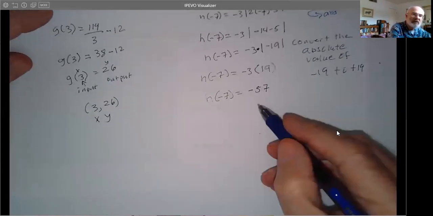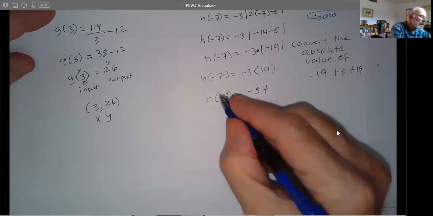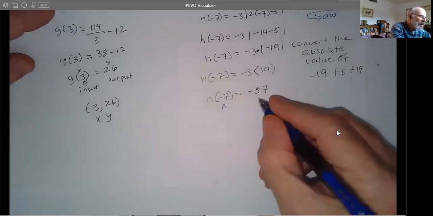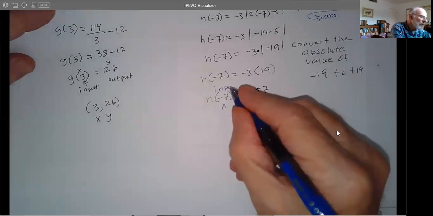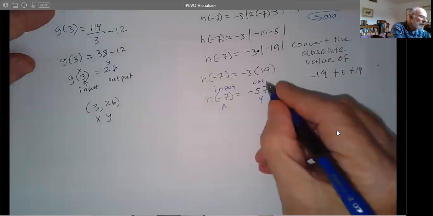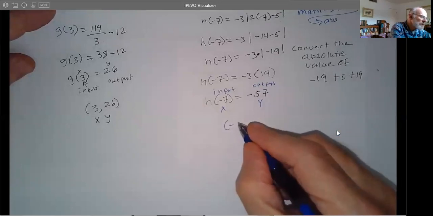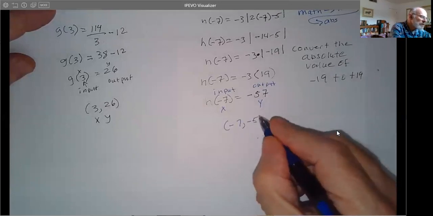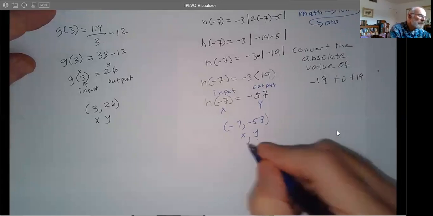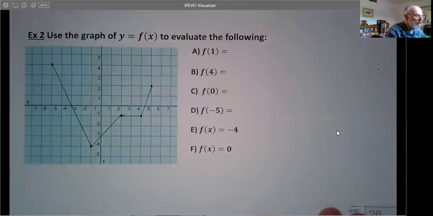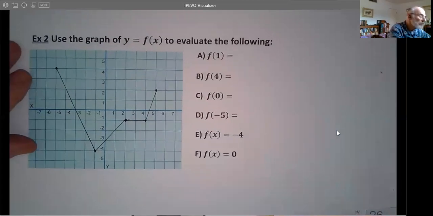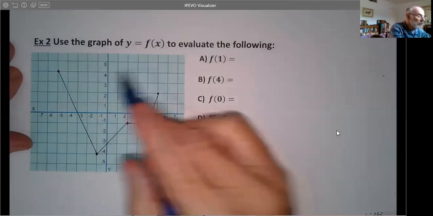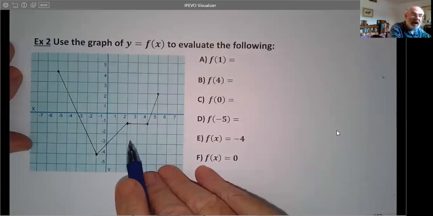On this one, the absolute value, our input again is -7, our output is -57. So you have -7, -57 as your x and y values. There's the solution there, although the solution, technically speaking, is the y, the output, because that was what they were asking you for. All right, so on this one, you're given a graph.